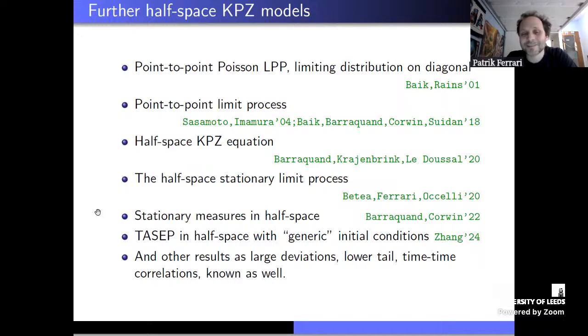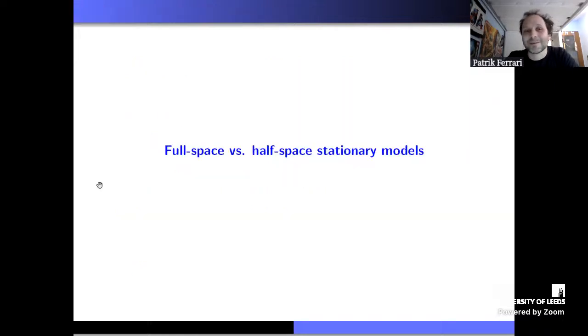And recently, in the world of TASEP, there is a very nice paper by Zhang, in which one sees how to adapt this to half-space TASEP with general initial condition. There are several other results like large deviation, lower tail, time correlation, which I don't enter into in detail, but which are also available or partially available for the half space.